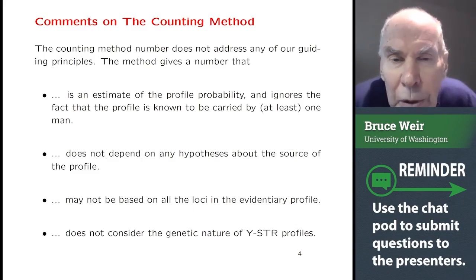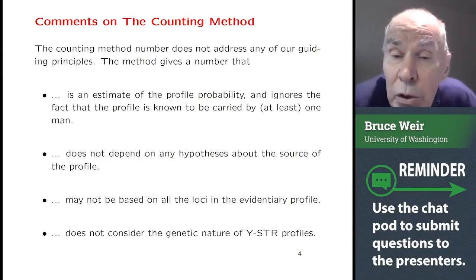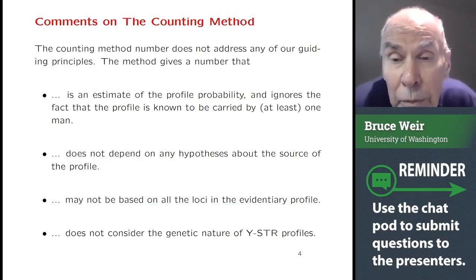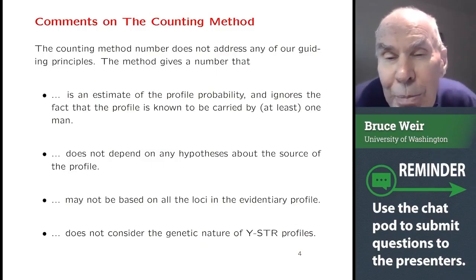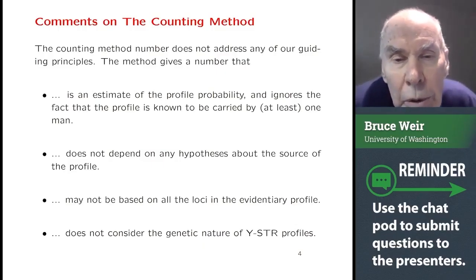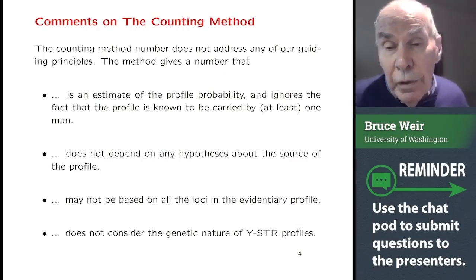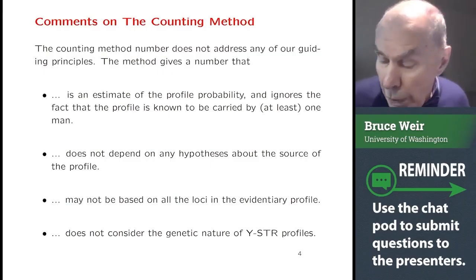It doesn't take explicit account of the hypothesis about the source of the profile. It may not use all the loci that have been typed. So we have a lot of discussion about reduced locus matches. So it doesn't use all the information we have, and it doesn't really take advantage of any of our information about genetic profiles.